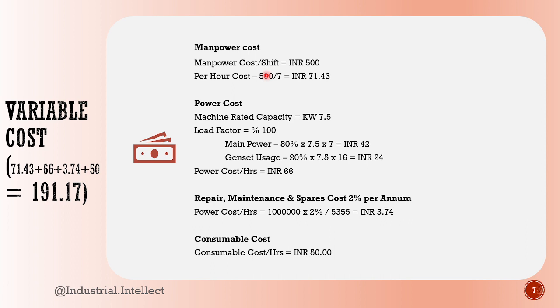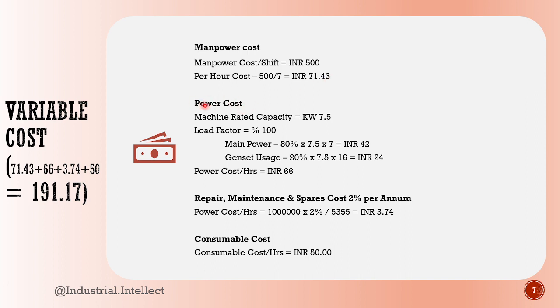Say suppose a supervisor is taking care of three machines, so whatever the supervisor cost would be, after dividing by three, the supervisor cost will come over there, and the same for a helper. Then the per hour cost, suppose 7 working hours would be there in a shift. So with that, 71.43 is the manpower cost for that machine.